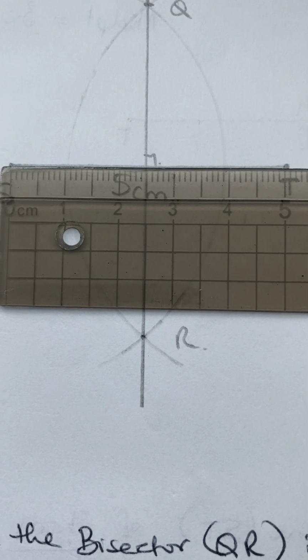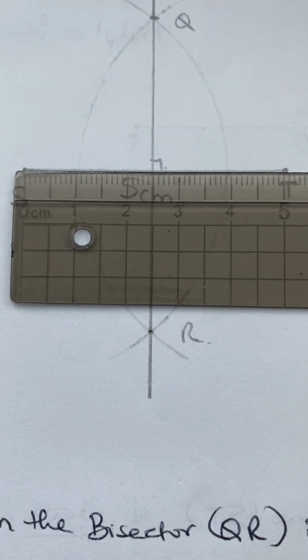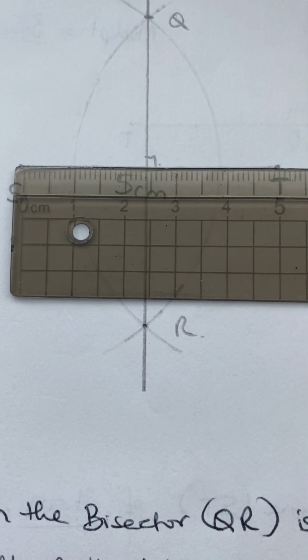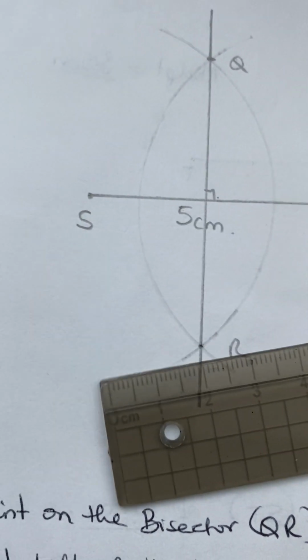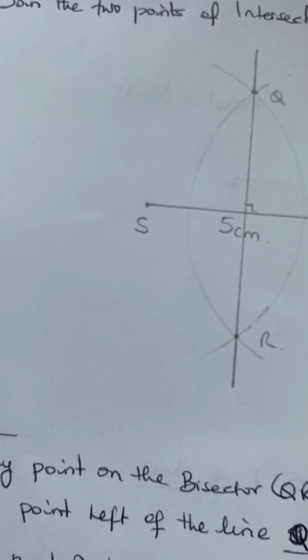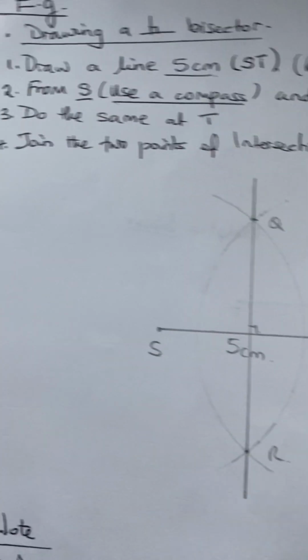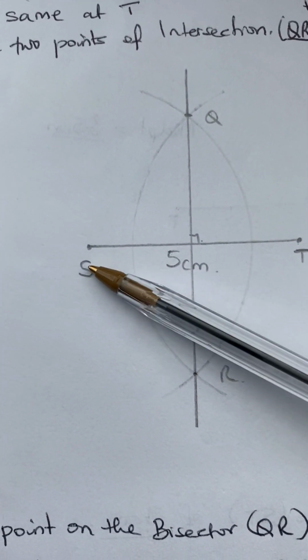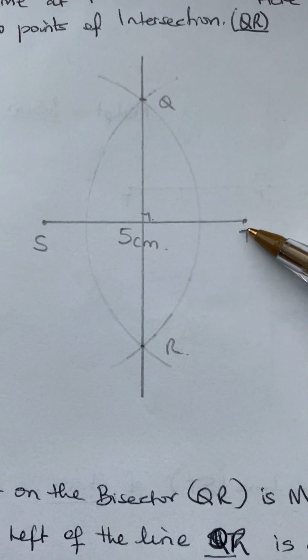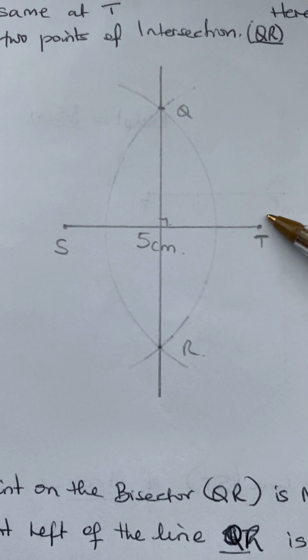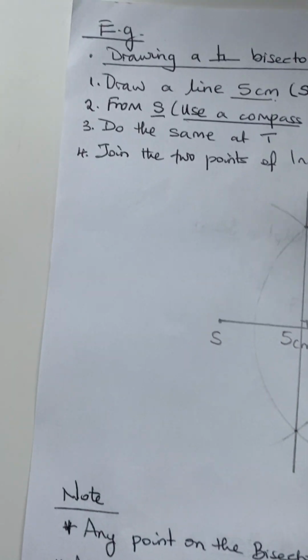If I zoom in for you, that is 5 centimeters. So at the end of the line, the zero mark is S. The T is the 5 centimeter mark.